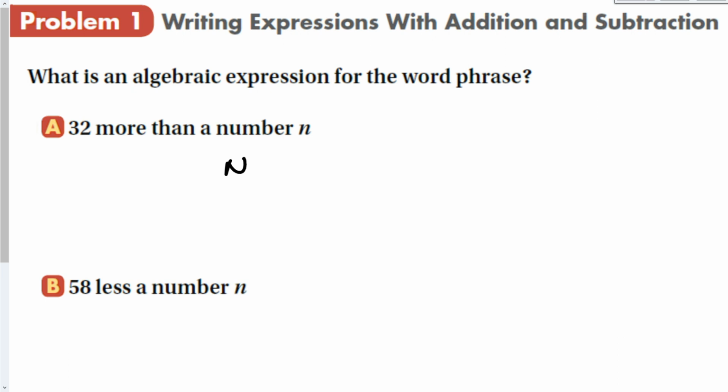Let's write that down. We started at number n, and we want 32 more, which means we want our quantity to go up, so we are going to add to it. When we see "more than," it doesn't necessarily mean greater than or less than. It's not that kind of expression.